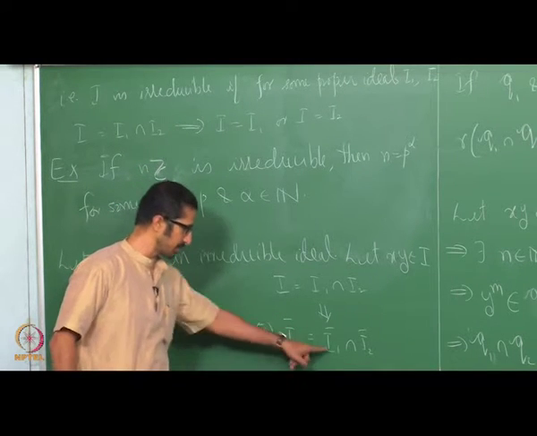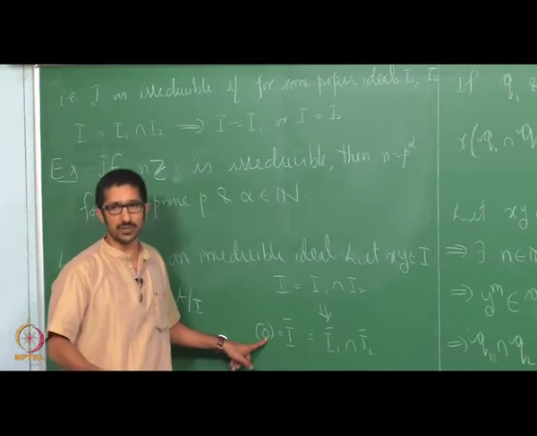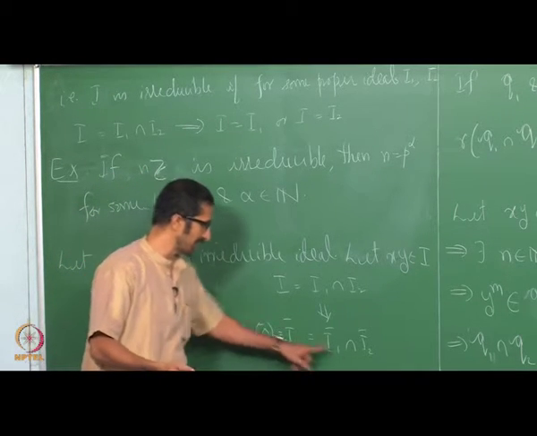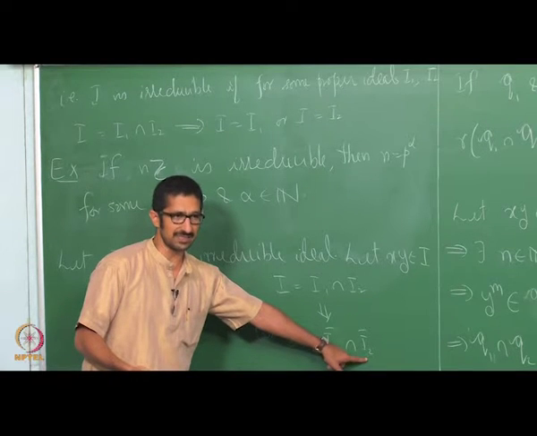Conversely, if 0 is reducible in A mod I, that means I can find two ideals I1 bar and I2 bar, proper ideals properly containing 0 bar, such that 0 bar is equal to I1 bar intersection I2 bar.